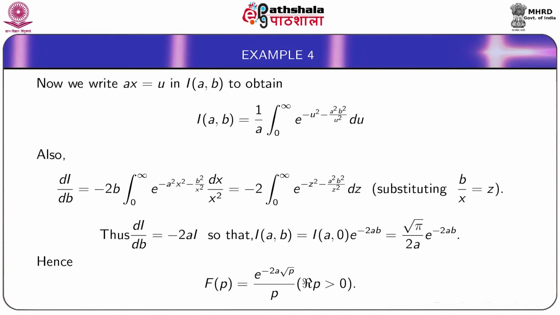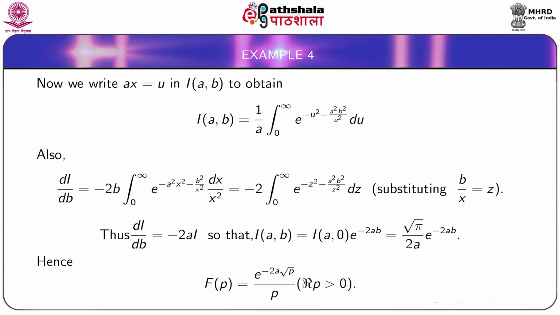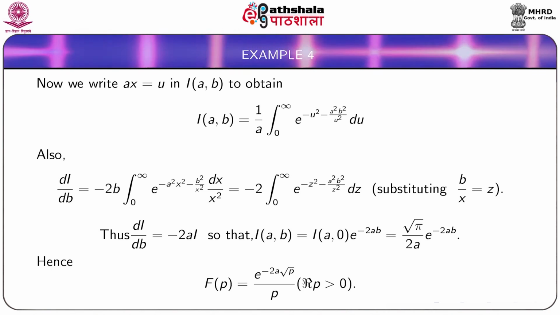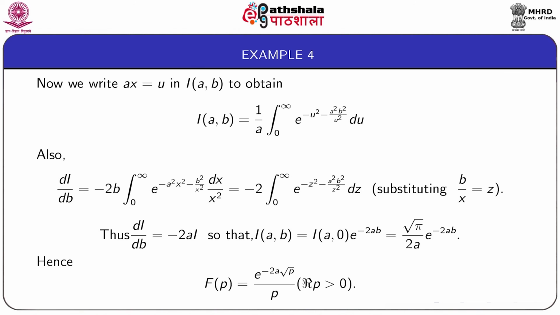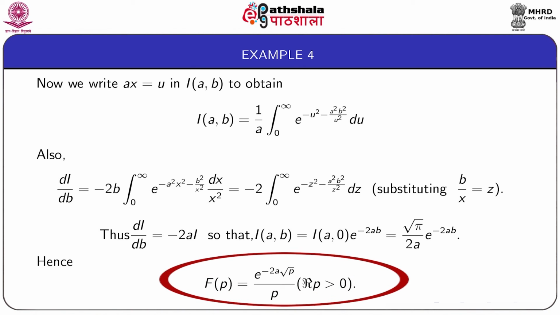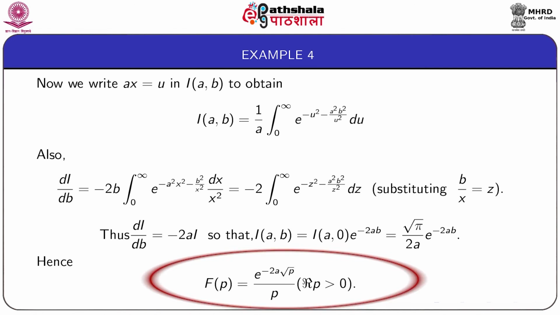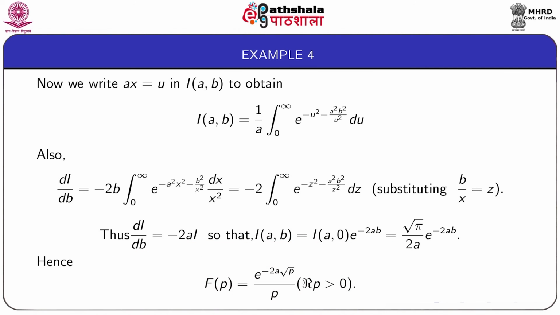So after finding the integral I(a,b), we can substitute here to obtain F(p) equal to e^(−2a√p)/p for real p greater than 0.